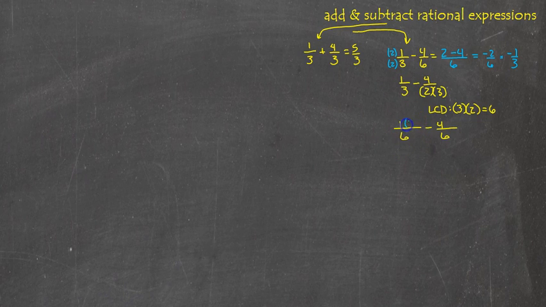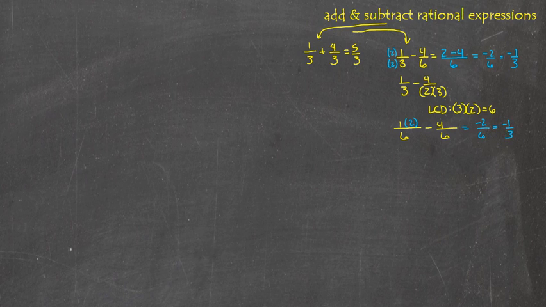And so if I multiply my numerator by 2, then I've essentially multiplied the first fraction by 2 over 2. See how the denominator is right here, the lowest common denominator, and I've adjusted the numerator to match it. So this is the kind of unwieldy algebra that's behind the process you've been doing for a long time. So now 2 minus 4 is negative 2 over 6, which is negative 1/3.